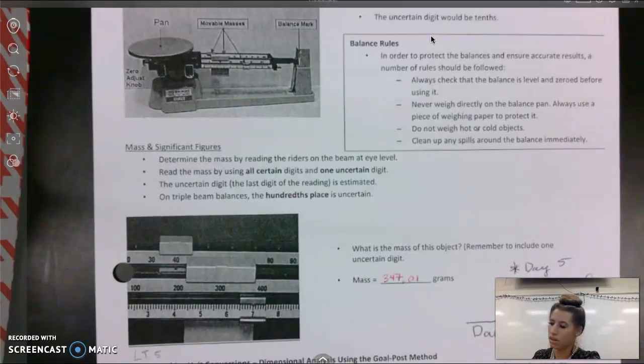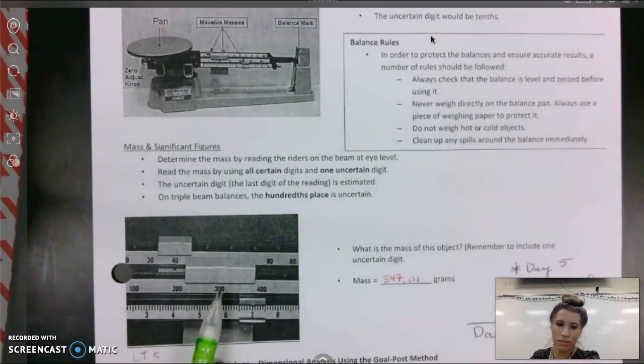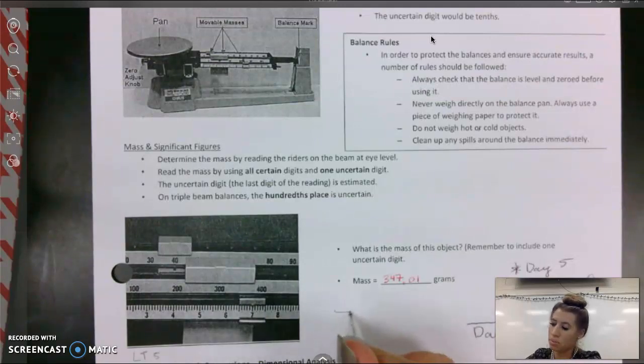Okay? So when I read this, I say, okay, I have 347. Okay, now notice first we have 7 and 8, and so our certain digits are also in the tenths. Okay, so we have our whole numbers we're certain of, and we are certain of the tenths, so our estimated is in the thousandths here.